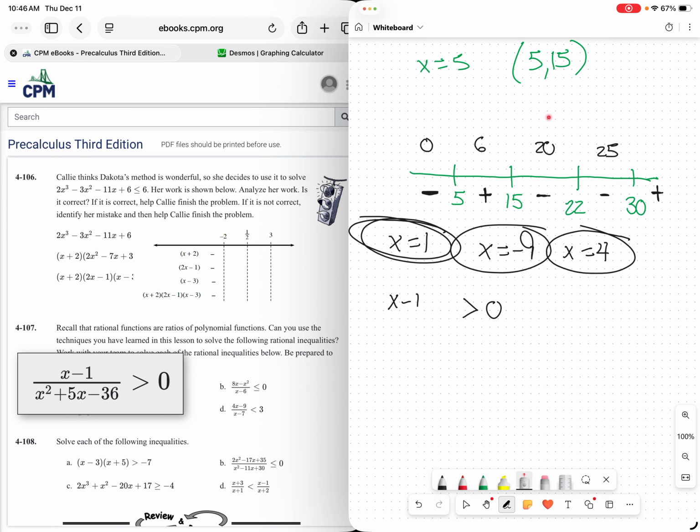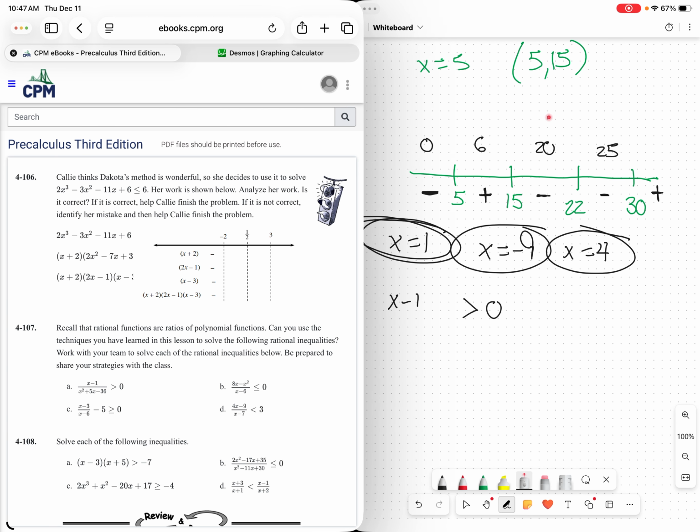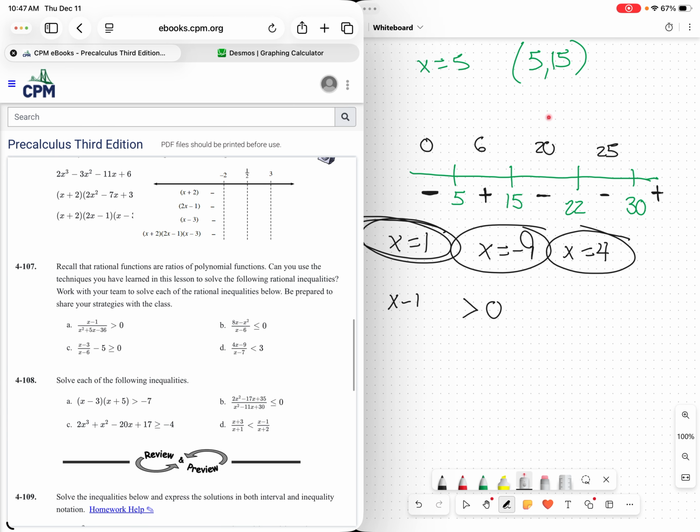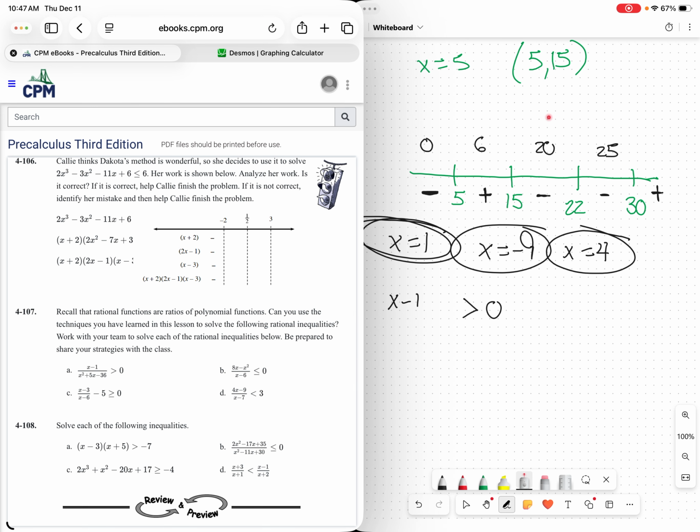And that's what we're looking for in our solution set. So that's what you do there. Again, critical values, looking for those values that are going to get you those things, and then your asymptotes, holes, and then you're testing those to see, again, within what interval the solutions are.